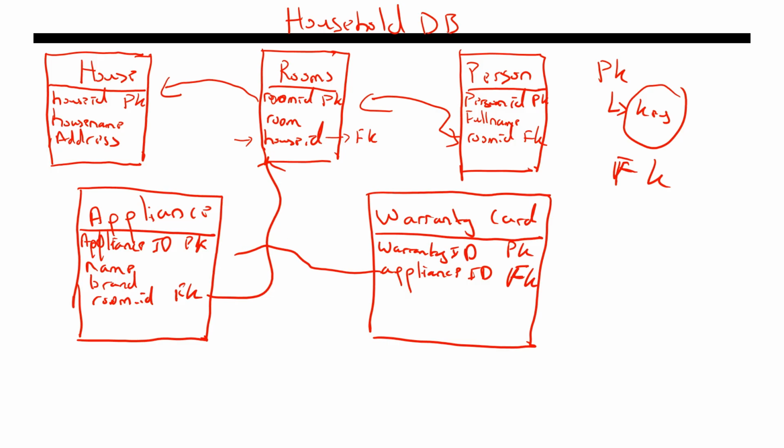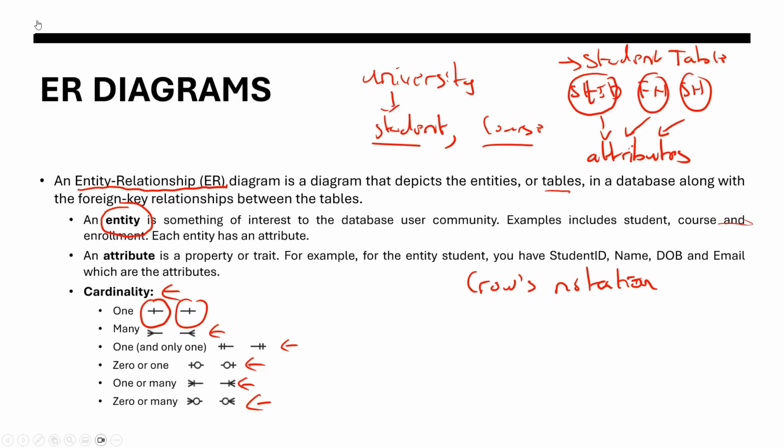So this is what we refer to as an entity, as I mentioned to you. These are the attributes, and you have foreign keys that bring in this relational aspect. Now that you have understood what an attribute and what an entity is, we can get into this concept of cardinality that will complete the ER diagram.